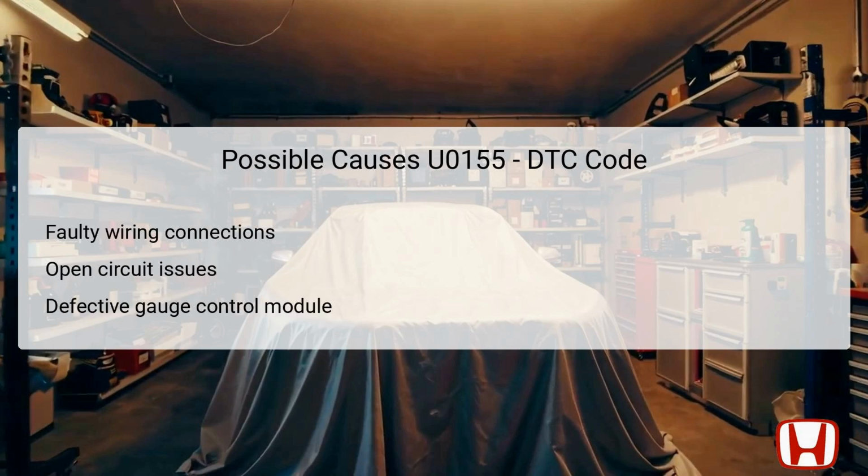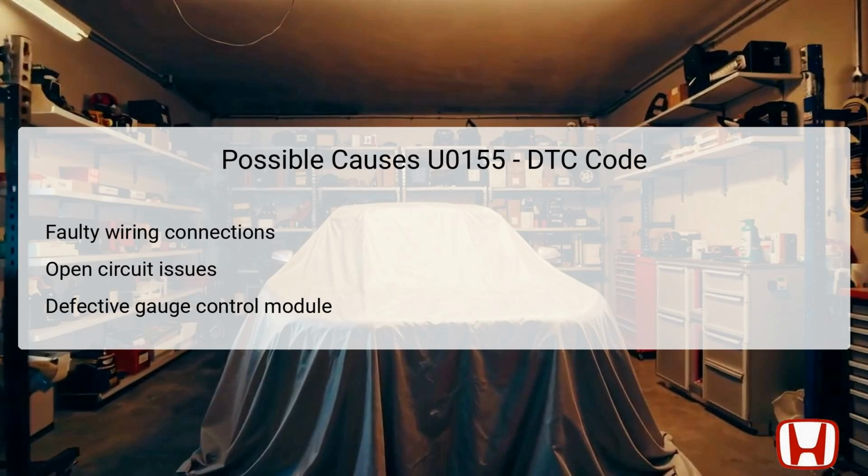Several potential issues could cause the U0155 DTC to trigger. First and foremost, faulty wiring connections between the MICU and the gauge control module are often the culprits. This could mean damaged wires, corrosion, or loose connectors that impede electrical flow. Open circuit issues represent another significant cause.